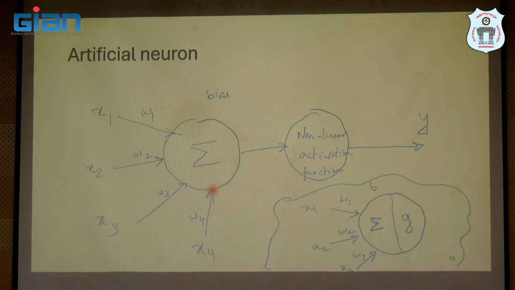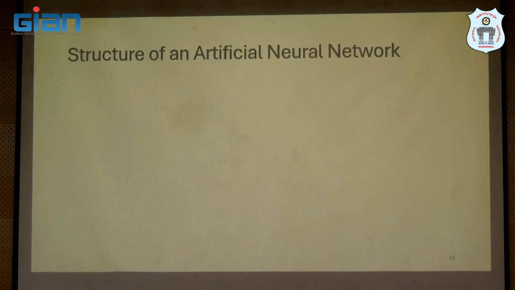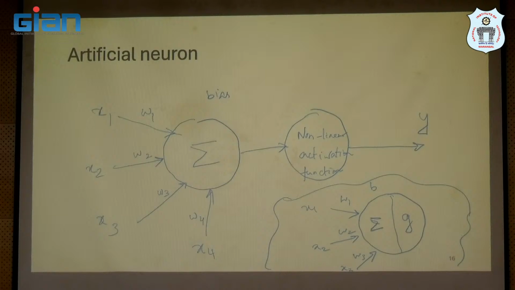The most fundamental single neuron based model, which is widely used around the world for binary classification, is called logistic regression. And logistic regression uses the single neuron structure.